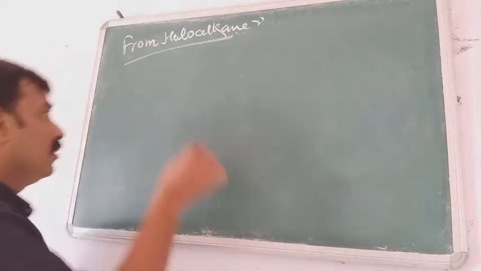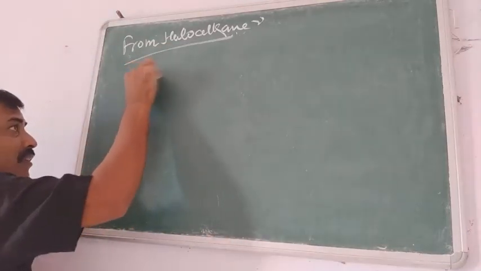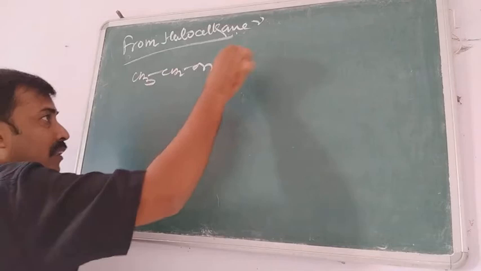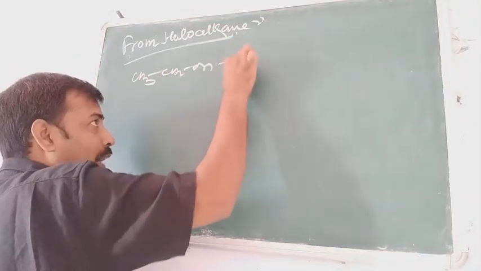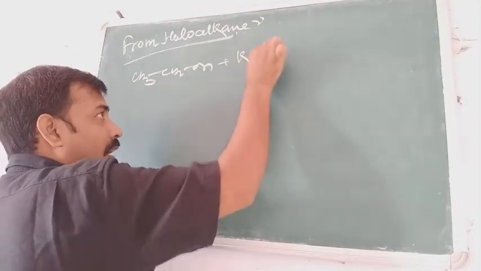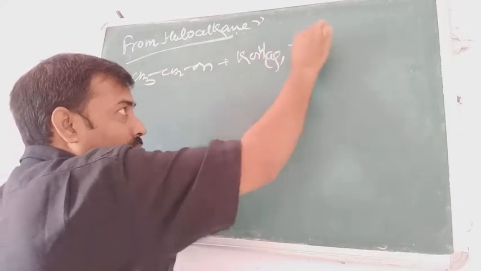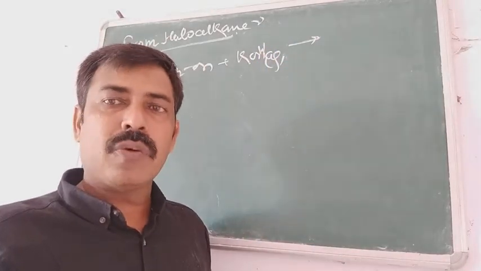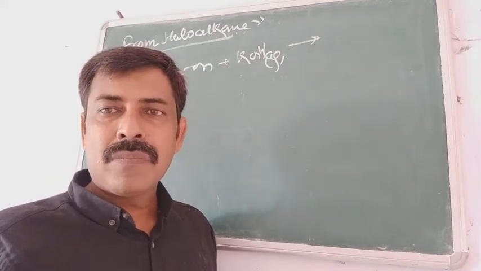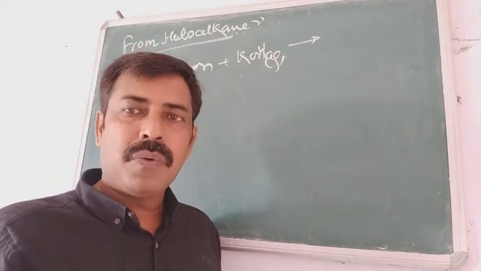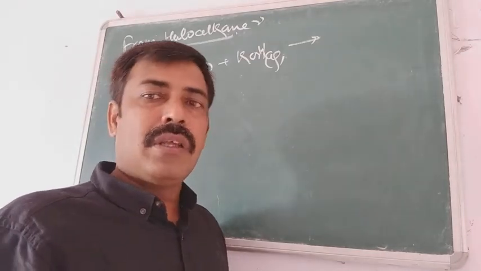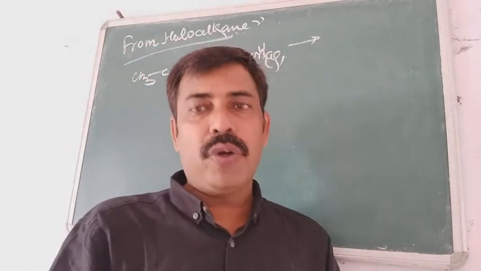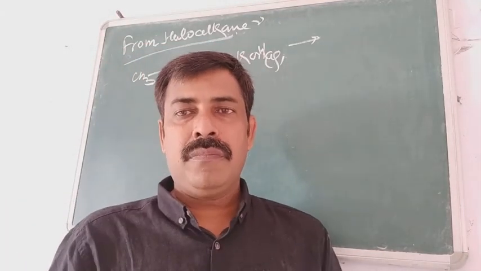This is the reaction of CH3CH2Cl. When it is treated with potassium hydroxide under aqueous medium, it's necessary to write that the reaction is proceeding under aqueous medium. Why? Because in alcoholic medium, elimination will dominate over substitution.